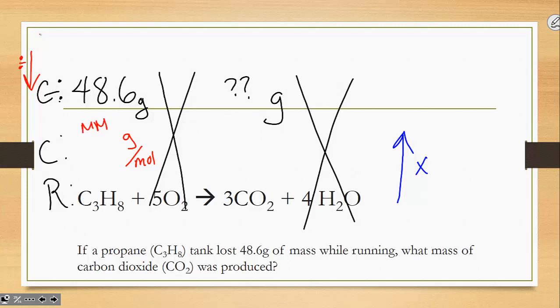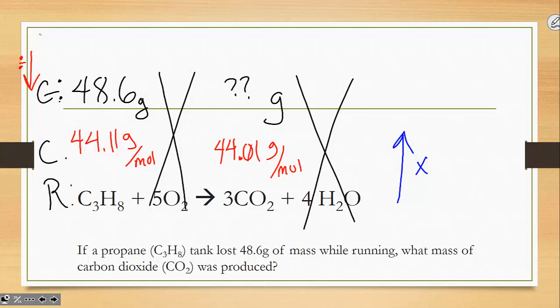So you'll grab your periodic table, and in this space we'll put the molar mass of propane, 44.11 grams for each mole. We'll also put the molar mass of carbon dioxide, which would be 1 carbon and 2 oxygens, so 44.01 grams for each mole.